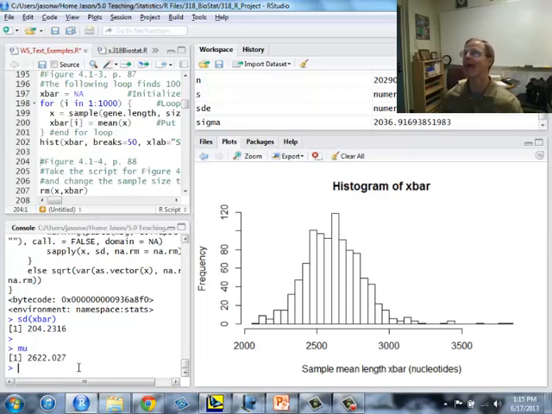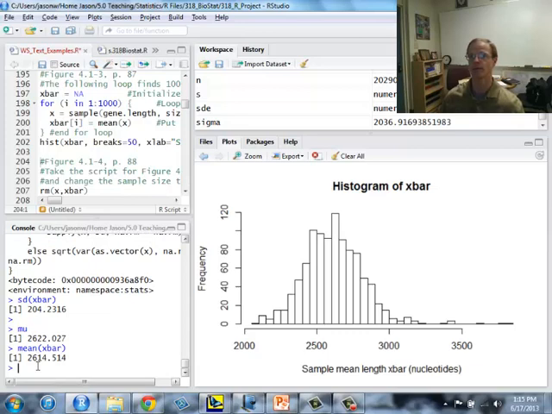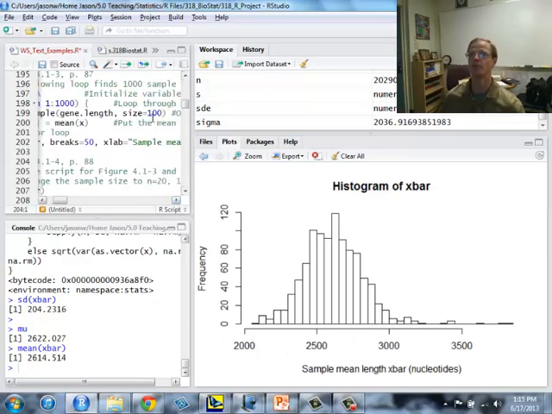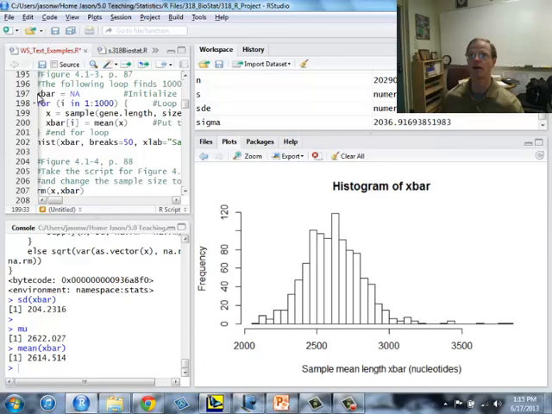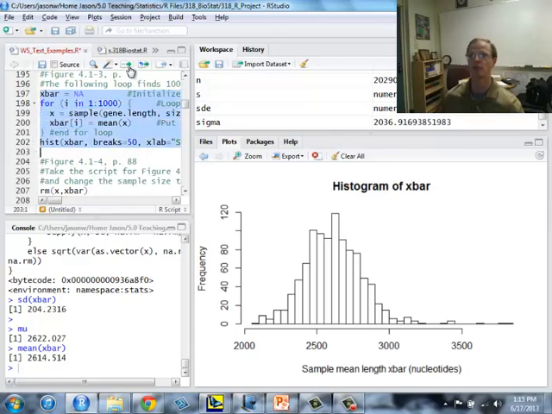Okay, we would estimate that true mean using the center of this distribution, and that would be very, very close, 2614. If I went back in my example and bumped that up to 500 and redid it at 500, we should get even closer to the truth.